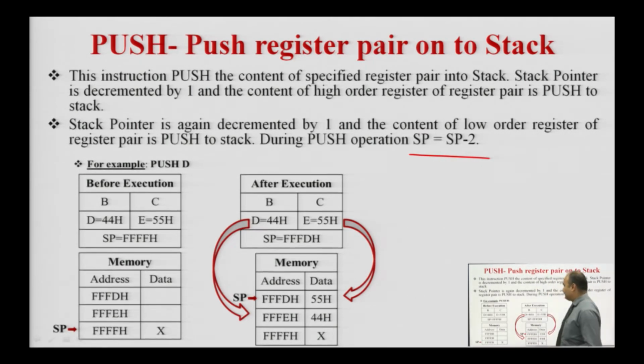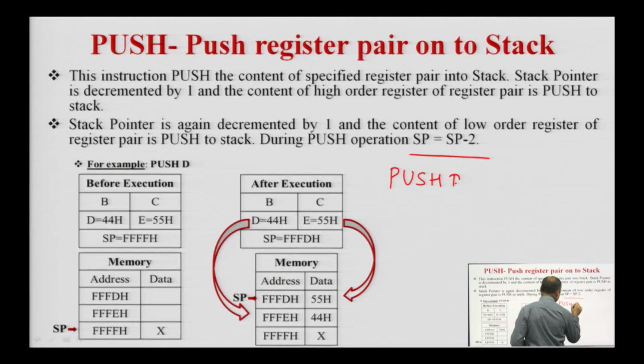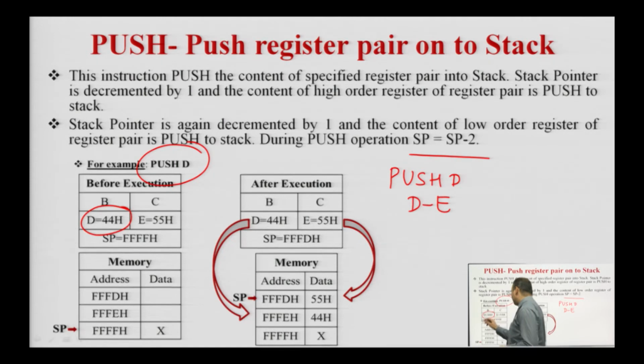Suppose we use the instruction PUSH D. With the help of this instruction, the D register pair comes into picture. Before the execution of PUSH D, the content of D register is 44H, E register is 55H, and the stack pointer SP points to the memory location having address FFFFH.